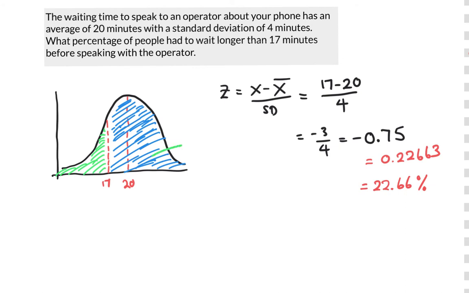So the blue area is going to be 100 minus 22.66, which equals 77.34%. So 77.34% of people had to wait longer than 17 minutes before speaking with an operator.